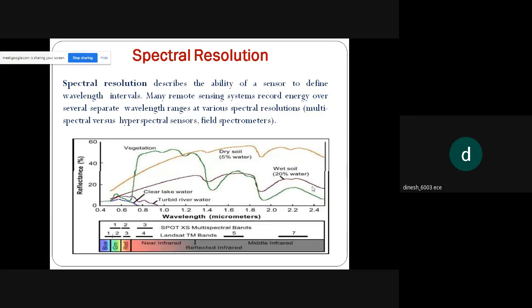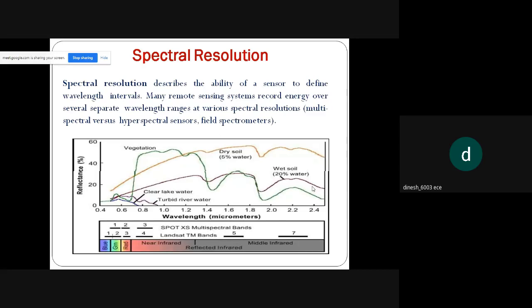So after the spatial resolution, we are going to see the spectral resolution. The spectral resolution describes the ability of a sensor to define wavelength intervals. Many remote sensing systems record energy over several separate wavelength ranges at various spectral resolutions.